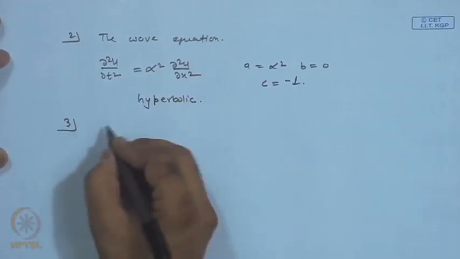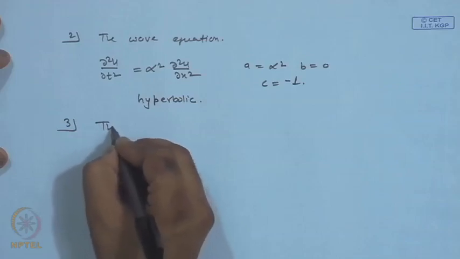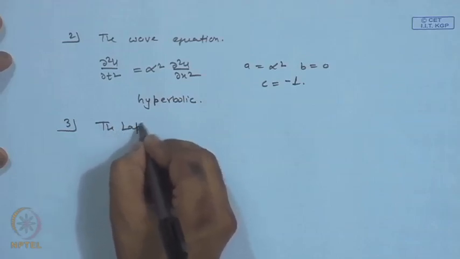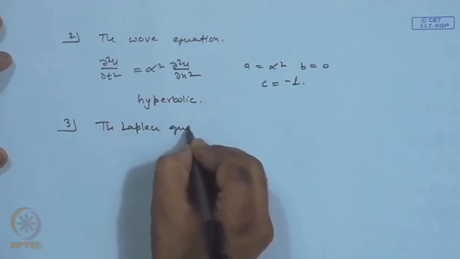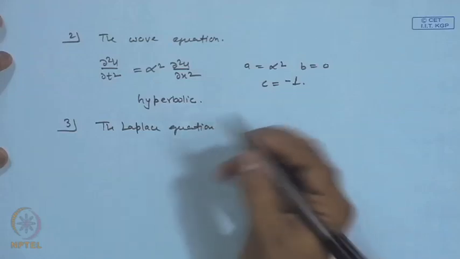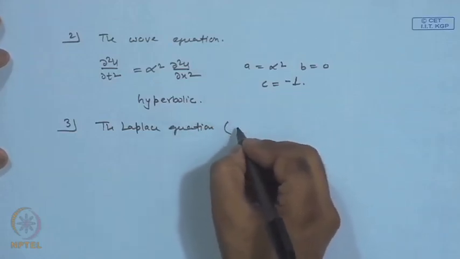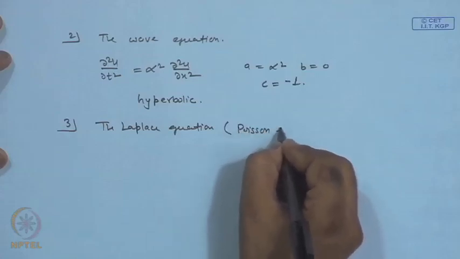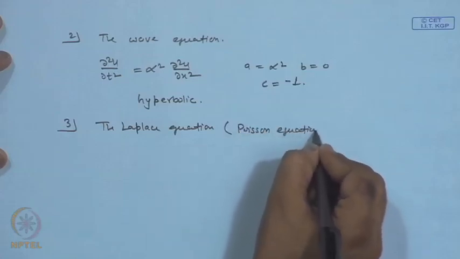Number 3, the third example, is the Laplace equation, and also a variation of it, the Poisson equation.